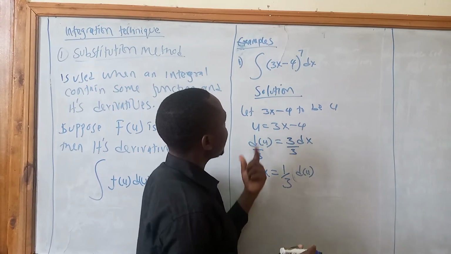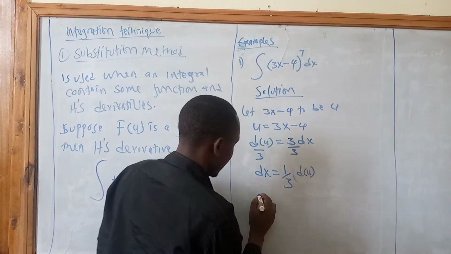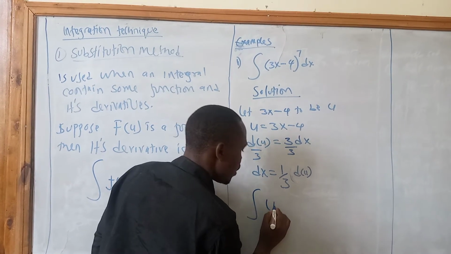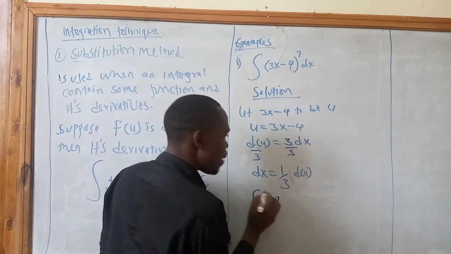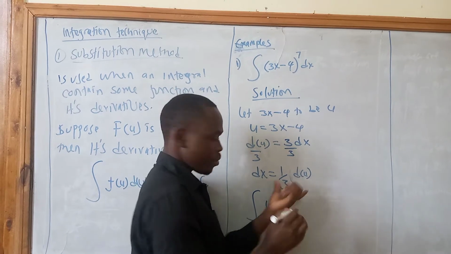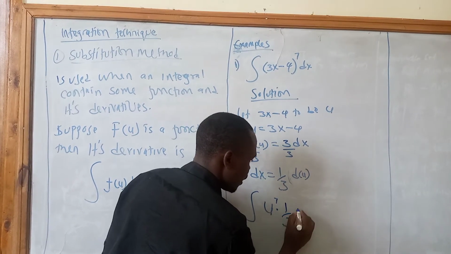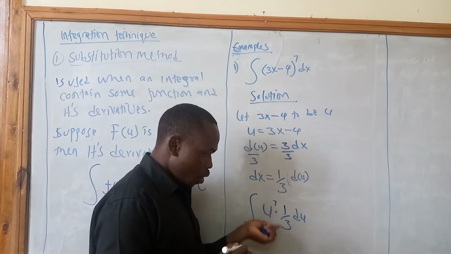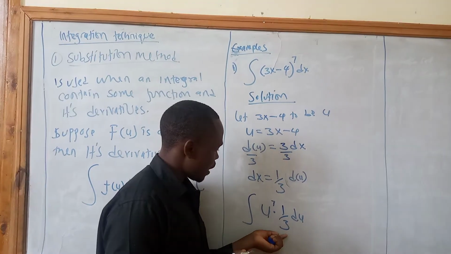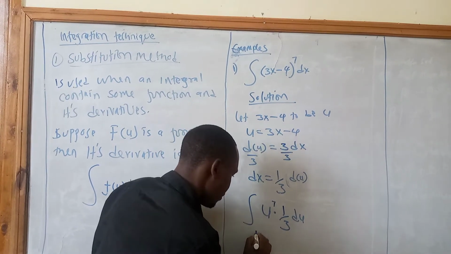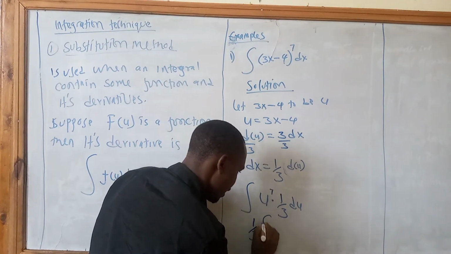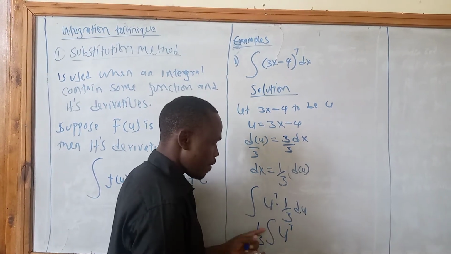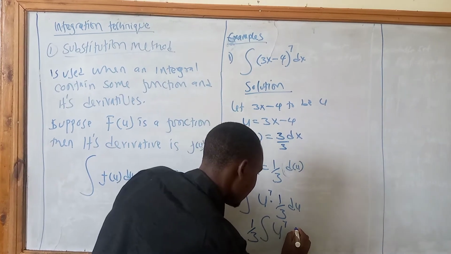Having said that, in my equation I'm going to substitute u in place of this, and dx in place of this. Then it will be the integration of u raised to 7 multiplied by 1 over 3 du. Because this is a constant, I can place it at the other end, 1 over 3 the integration of u raised to 7 du.